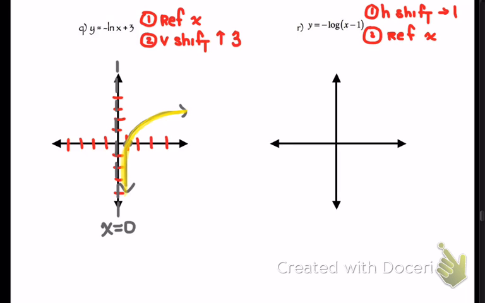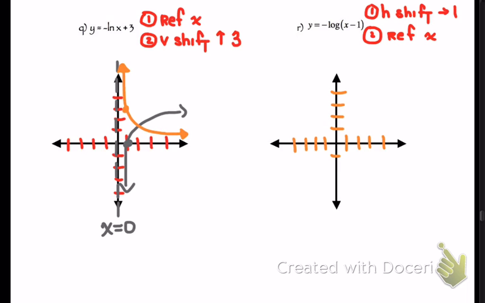If I reflect x, I think this thing is going to look something like that. Right, think those points, these points here have to go up here. Those points here have to go down there. So I think I understand what a reflect x is going to look like. Okay, so reflect x, shift it up 3, voila, there it is.